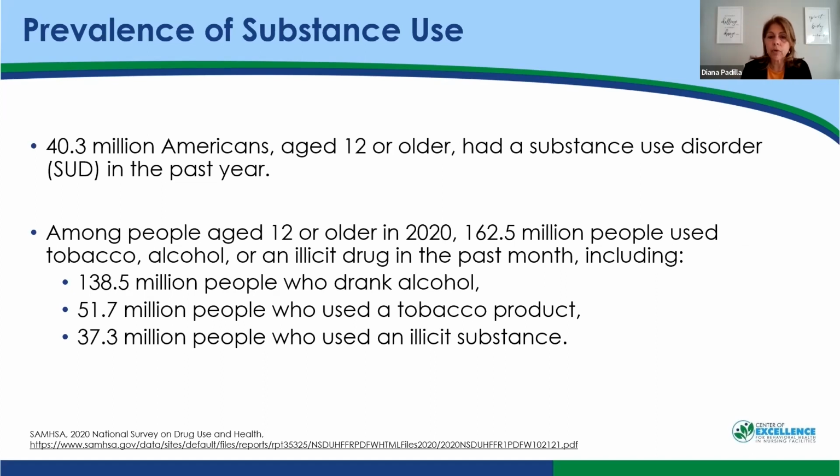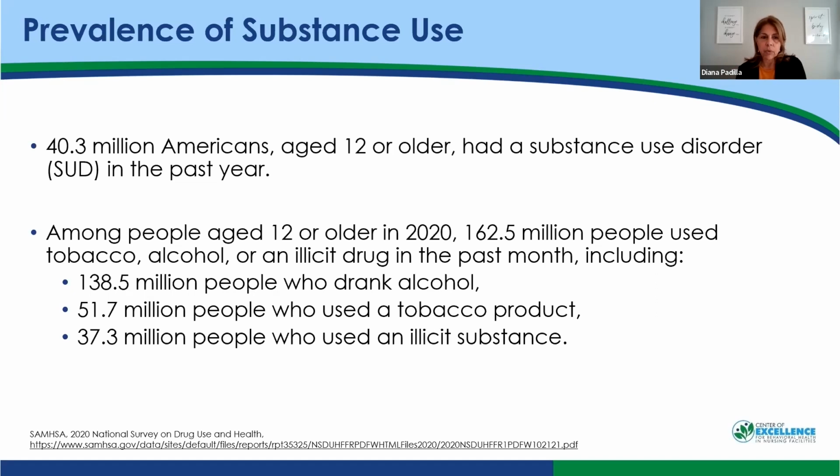Right now, what we know about the prevalence of substance use is that more than 40 million Americans over the age of 12 reported a substance use disorder in the past year. This is one of the more recent annual reports that have been put out. In 2020, there were over 162 million persons who had used some type of substance, whether illicit or legal, such as tobacco, alcohol, or overusing medications.